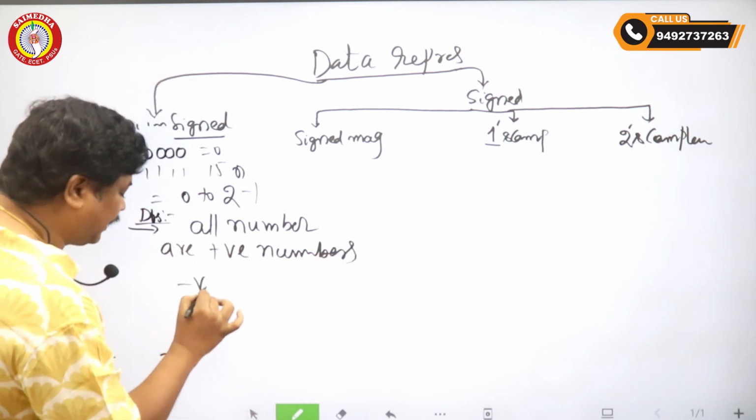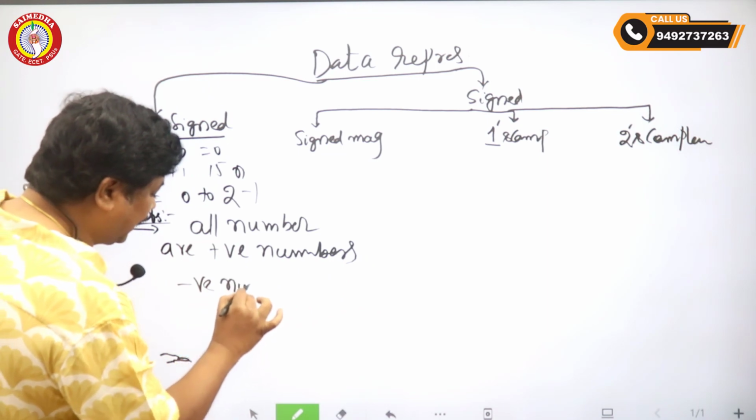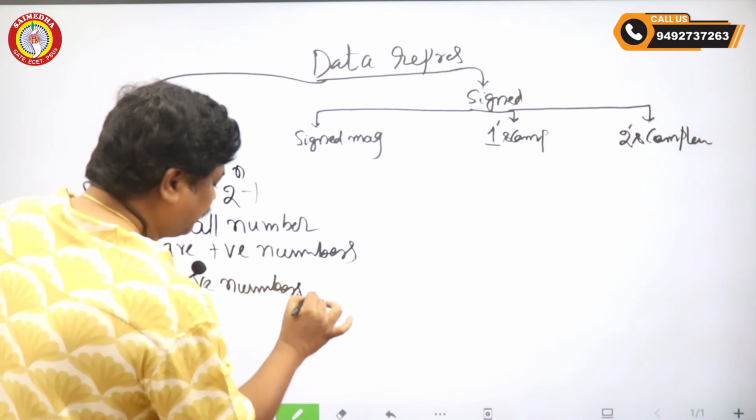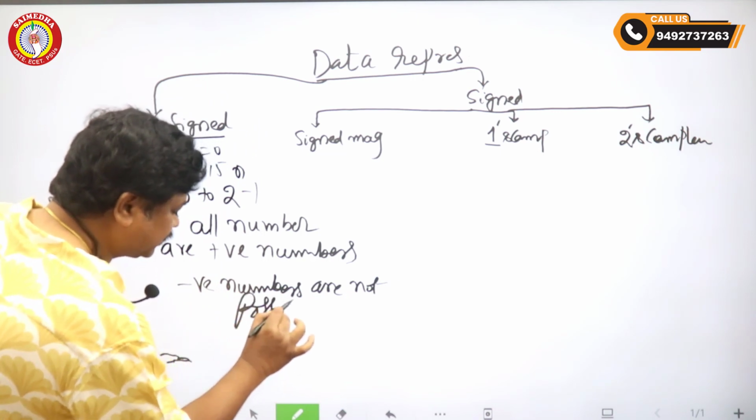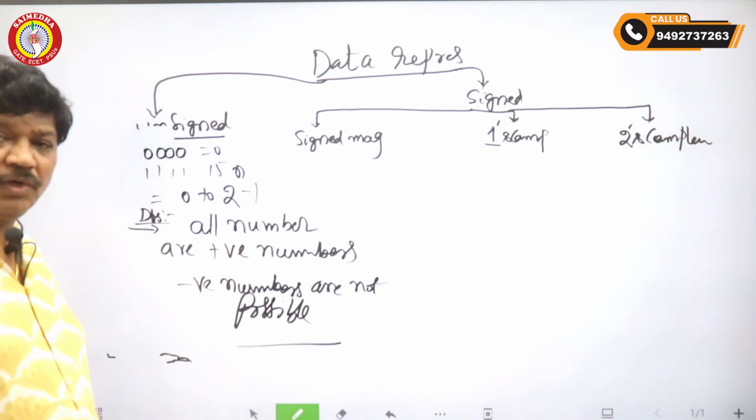Negative numbers are not possible to represent. Write down the notes.